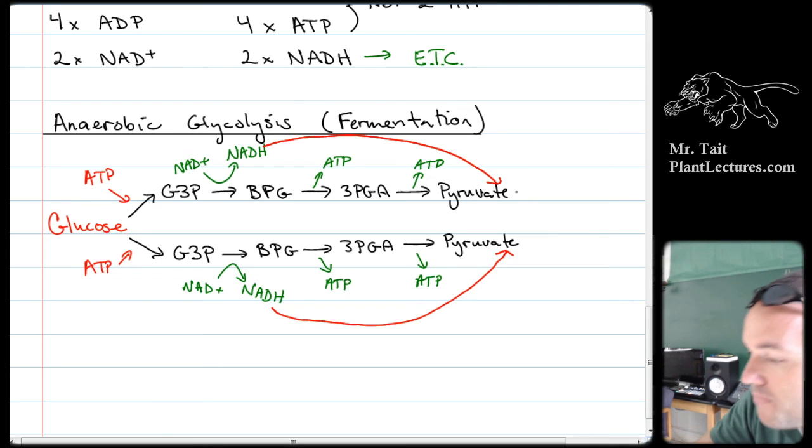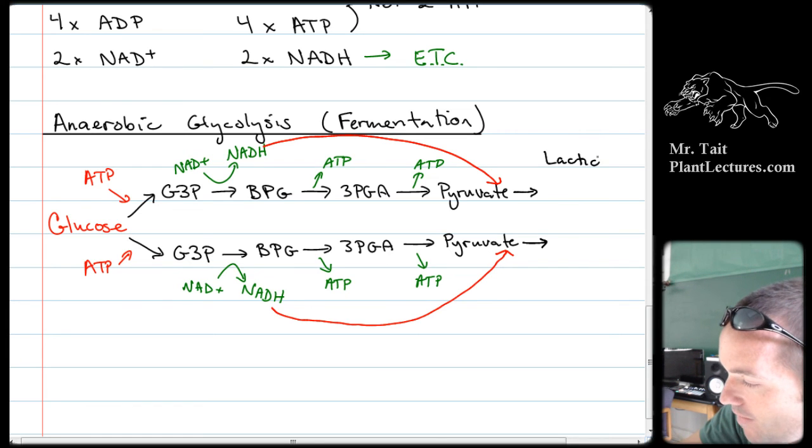Okay, and when they combine with pyruvate, that's that last step that I said for anaerobic respiration, where you have the reduction of pyruvate using NADH, and it produces either lactic acid or alcohol.